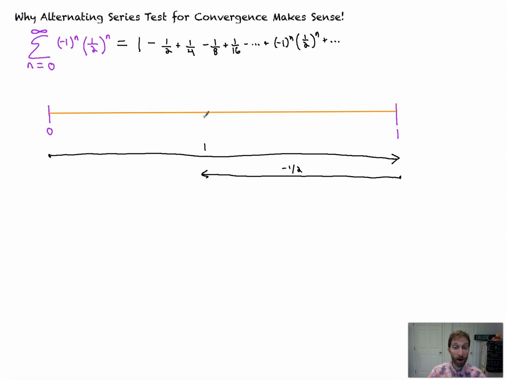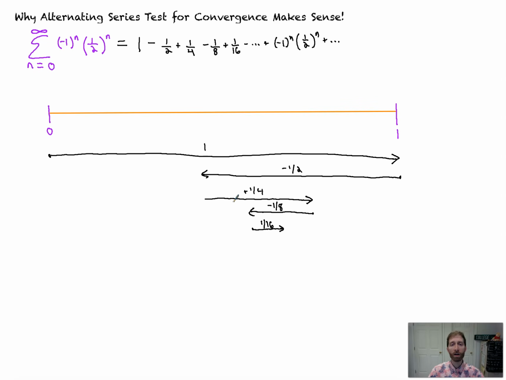Now we end up here at about 1/2. Then we're going to add 1/4. So 1/4 would be about half of that to about here. That's where we add 1/4. And then minus 1/8 is going to be here, about half of 1/4. And then add 1/16. And then we keep on going on and on and on.